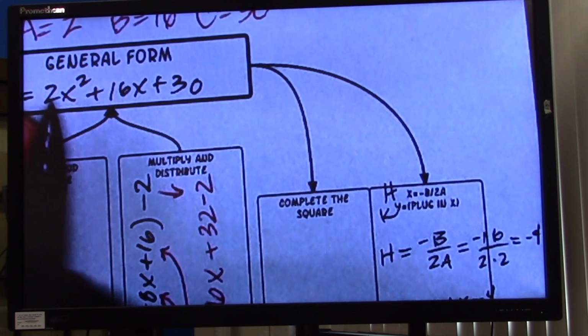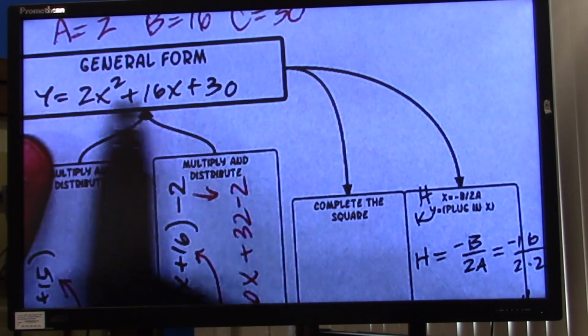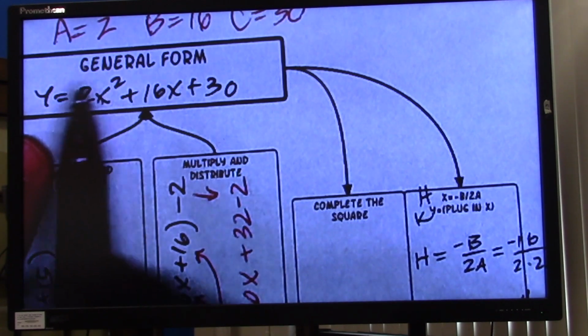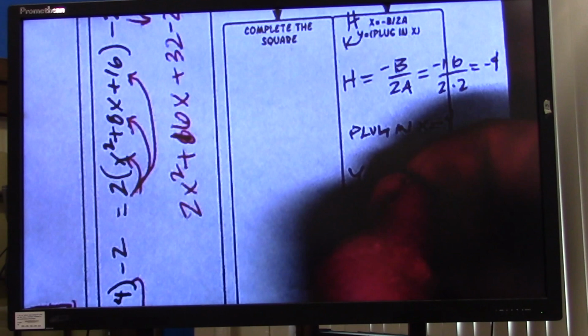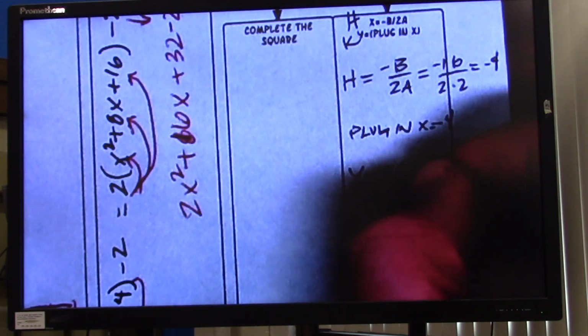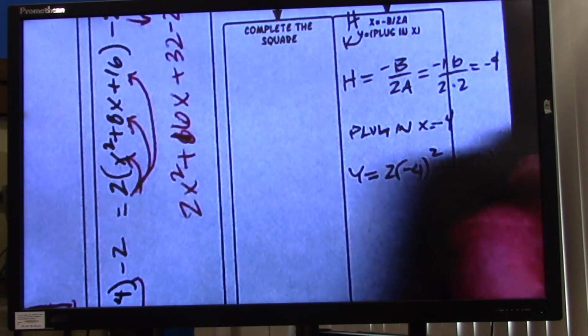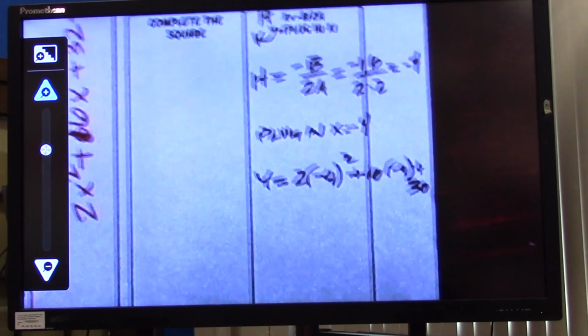When I say plug it in, I mean right here. We've got an equation for this parabola. If we replace x with the specific number negative 4, we can calculate what y equals. Y equals 2 times negative 4 squared, 16, plus 16 times negative 4, and I'm kind of out of space here, plus 30.